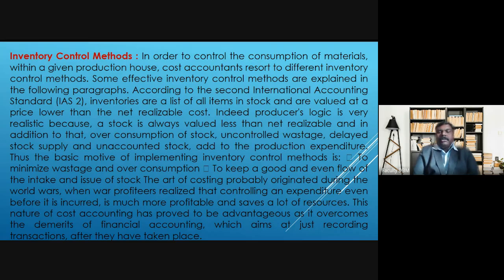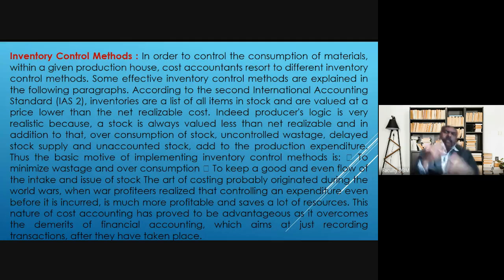So the demerit of financial accounting is that it aims at just recording the transactions after they have taken place. After they take place, if you are going to record them, can we make any changes or any modifications? After the transaction, when we have already bought this thing, how can we reduce the cost?